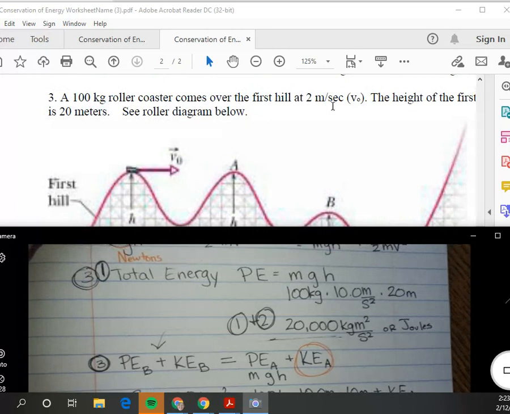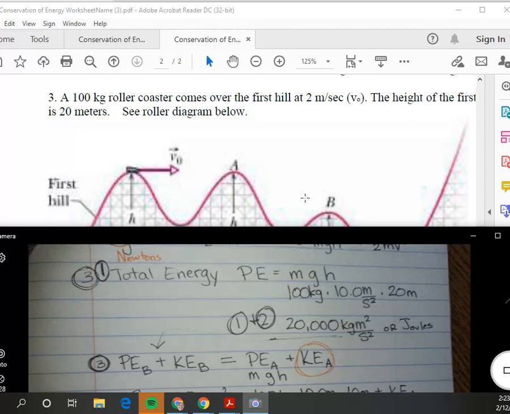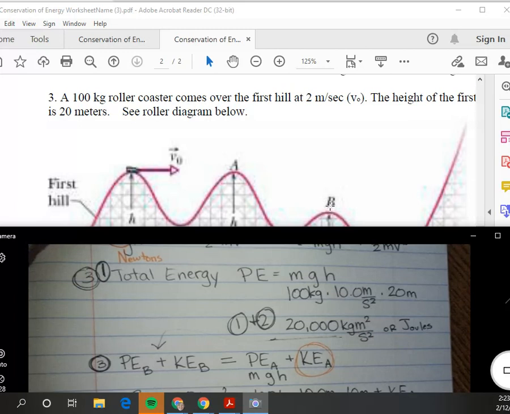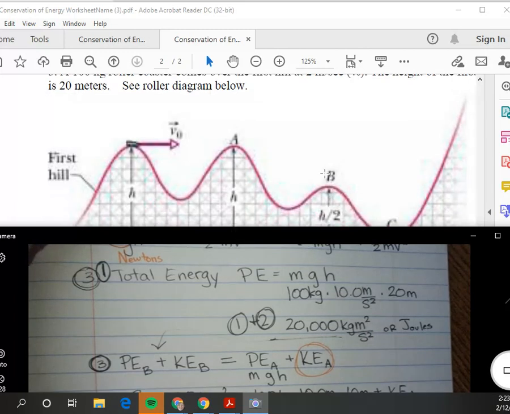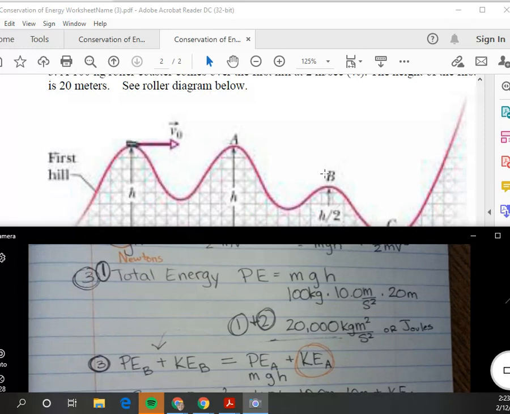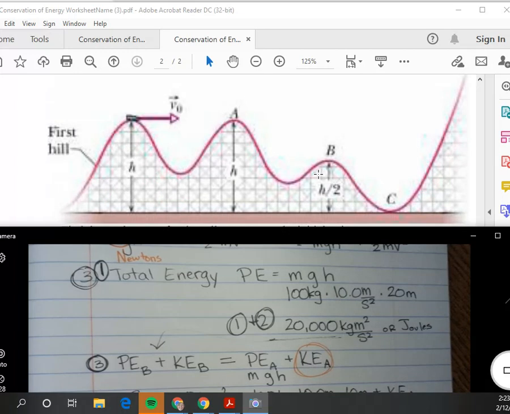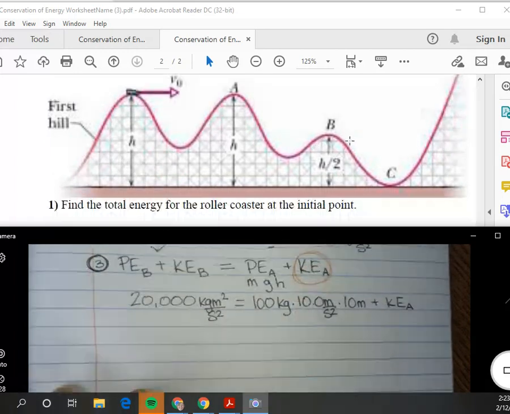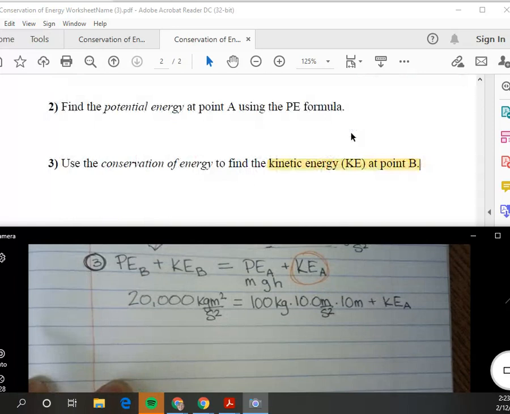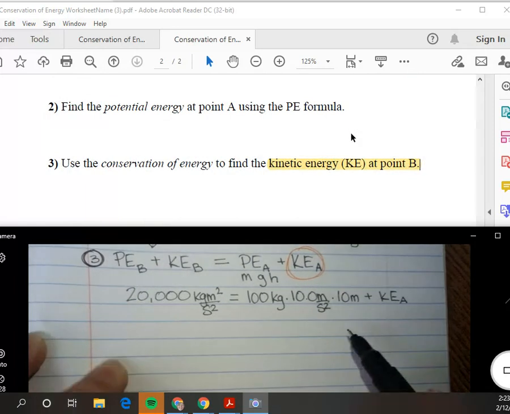Well, you're given a velocity at the first hill, but you're not given a velocity at point B. So that's why you got to figure it out. I mean, that's a good thought, but we're not given that velocity. And you know how you go on a roller coaster and sometimes you go faster than you go at the beginning. So, all right, let's go ahead and finish that part, and then we'll go on to the other questions.